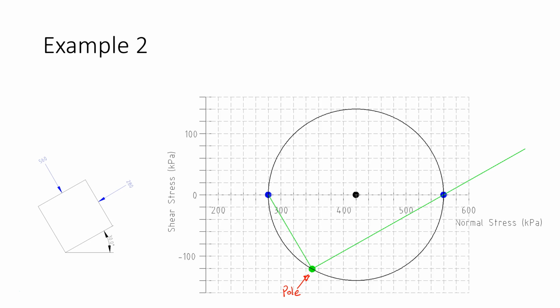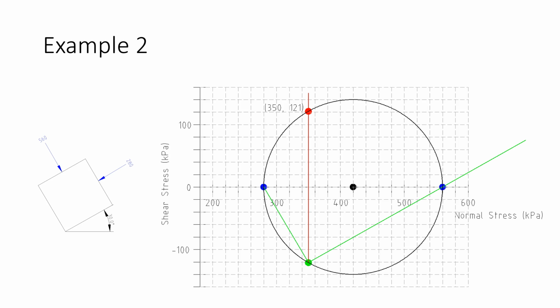Given the pole, now I can find my stresses acting on a vertical plane. I just take a line from my pole, I draw a vertical line, and the stresses at this point are the stresses that are acting on a vertical plane.